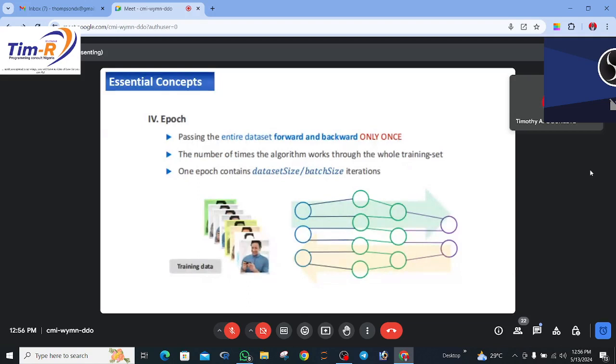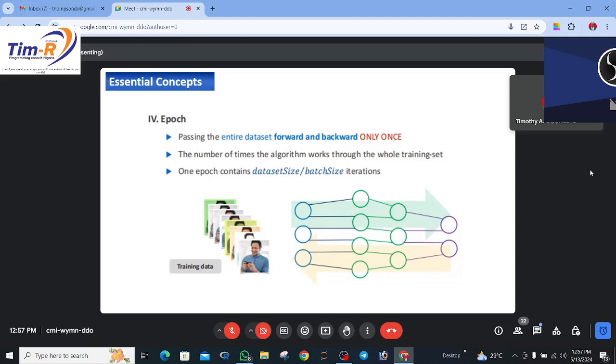So that's why, if you want to train a deep learning model, the epoch is also a determining factor of whether your model will be able to generalize very well in the real world. If you use a very small epoch, you won't allow the model to learn the patterns inside the whole data set.